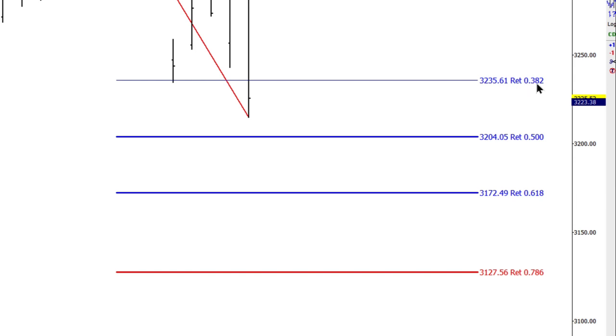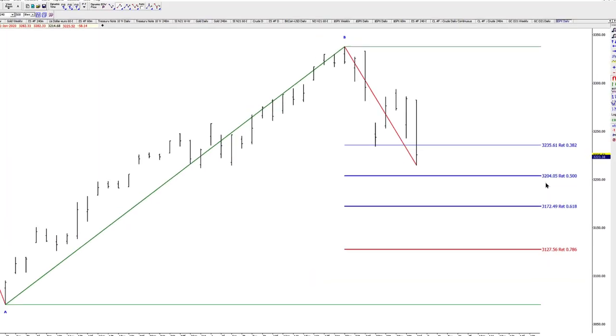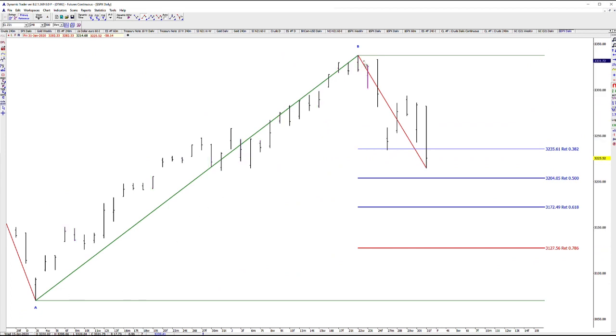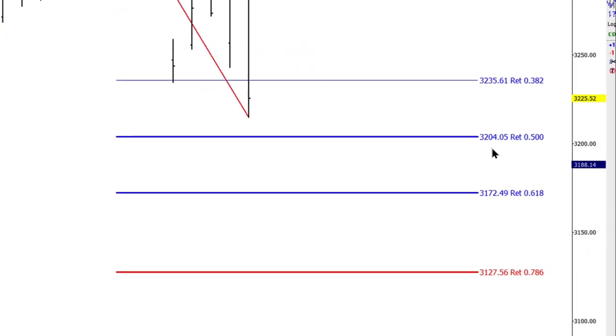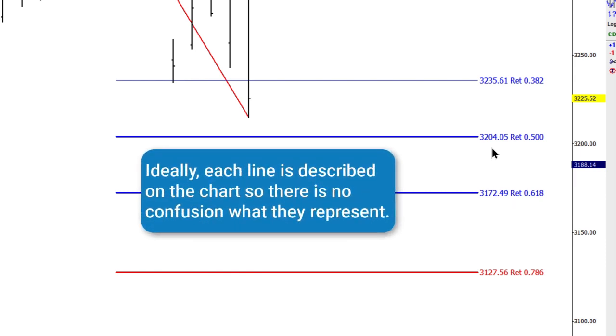And then we always have the exact retracement ratio that we're using. So let's just go down to 50%. The 50% retracement of this particular advancing section is around 3204.05. It's a retracement. RET is the same as for internal retracement, and it's 50%.